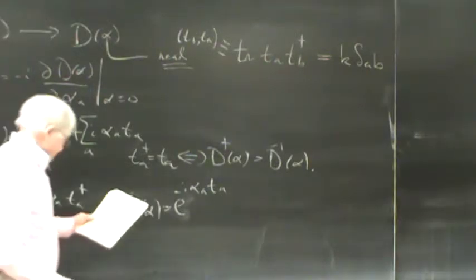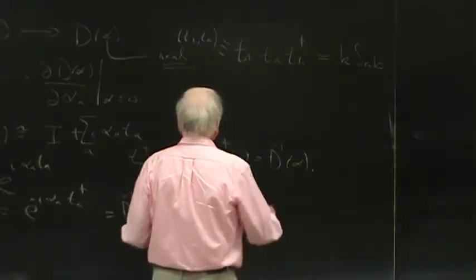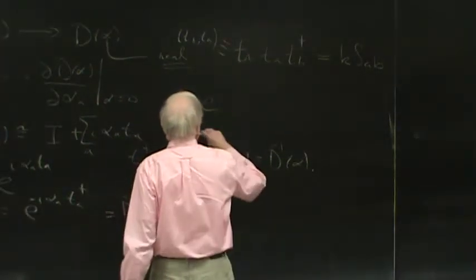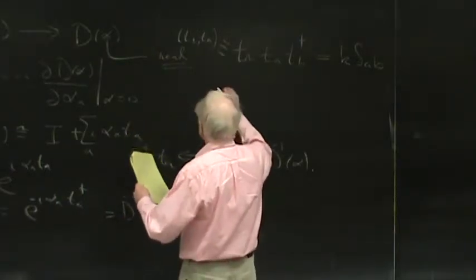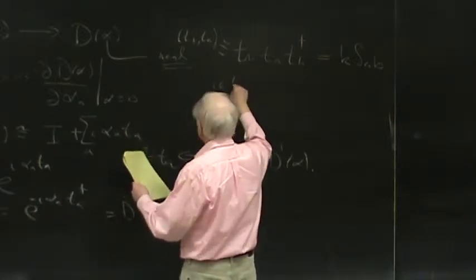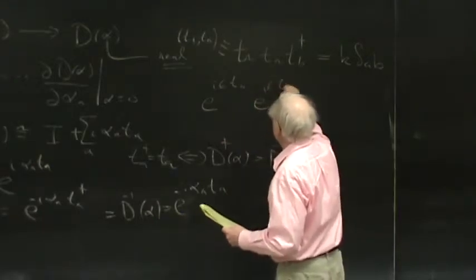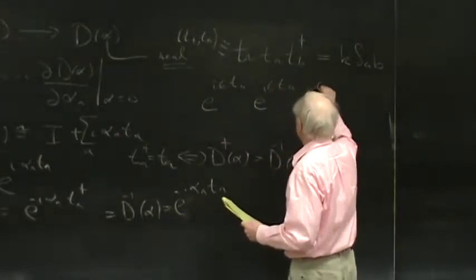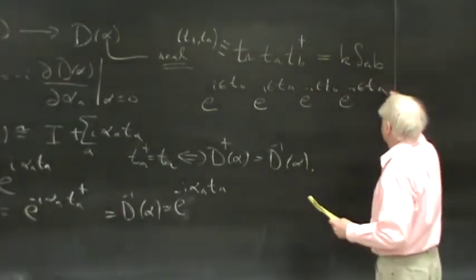All right, well, the idea, let's consider a particular representation with generators little t_a, and consider this product: e to the i epsilon t_b, e to the i epsilon t_a, e to the minus i epsilon t_b, e to the minus i epsilon t_a.